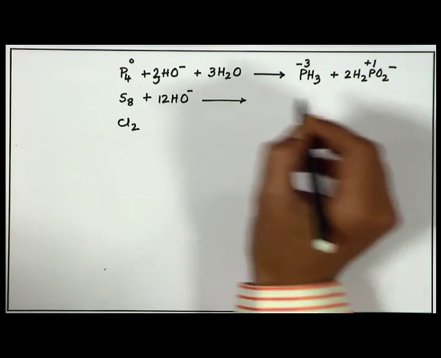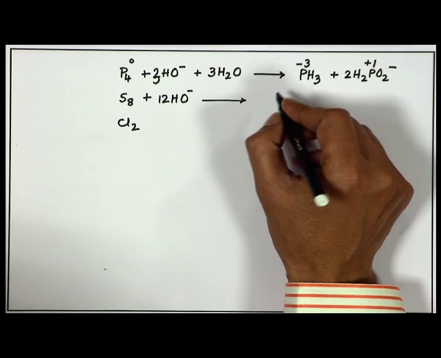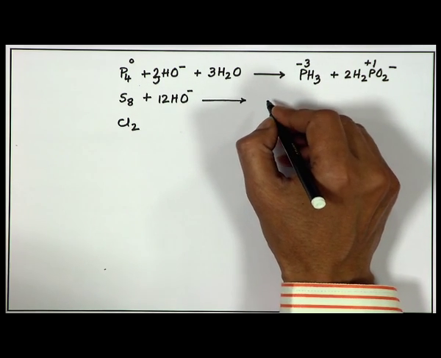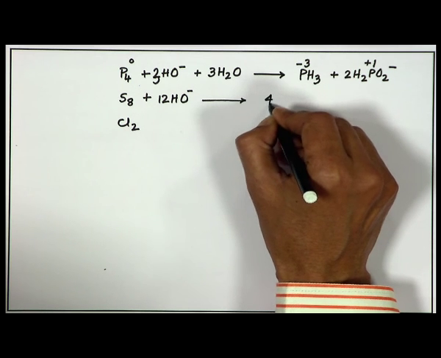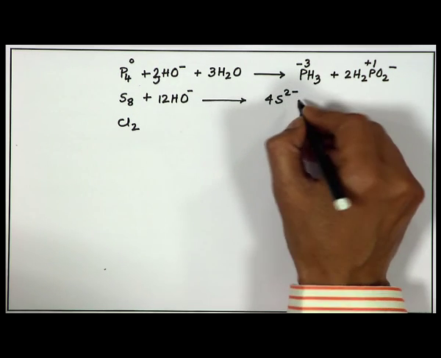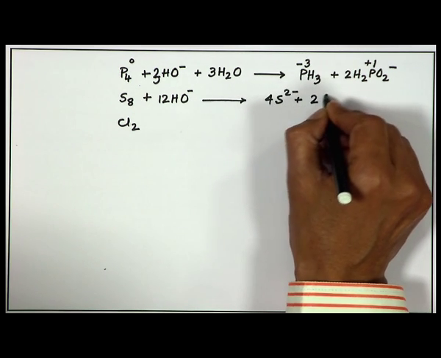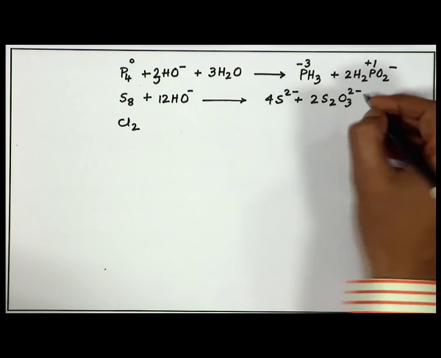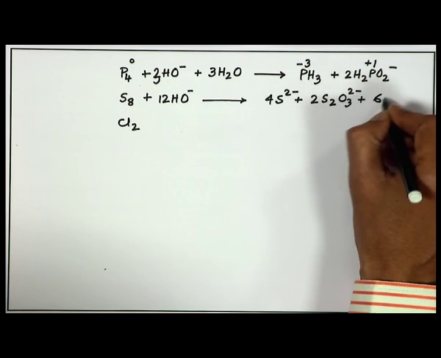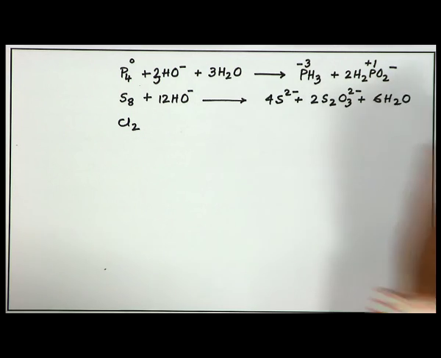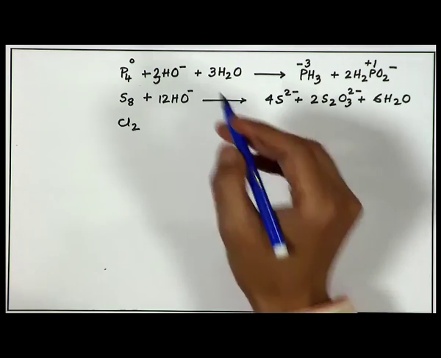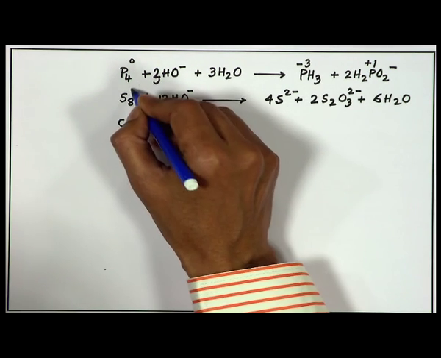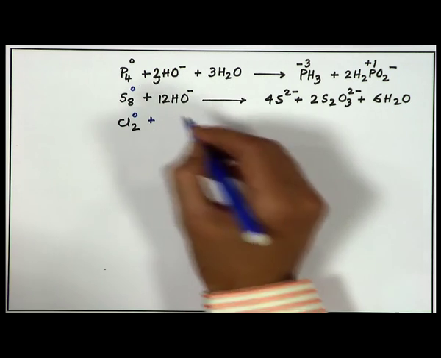So, in the second case, where S8 is reacting with hydroxide ion, giving rise to 4 S2 minus plus twice of S2O3 2 minus and 6 molecules of water. And in case of chlorine, the reaction is very simple.